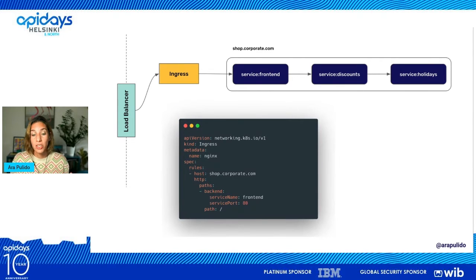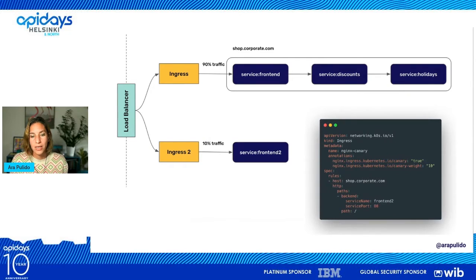But let's imagine that now I have a second version of the front end. And that second version of the front end, I want to deploy as a canary. So Nginx allows me to add this couple of annotations to my Ingress object in which I say, okay, actually this is a canary and I only want 10% of the traffic to go to this second version.